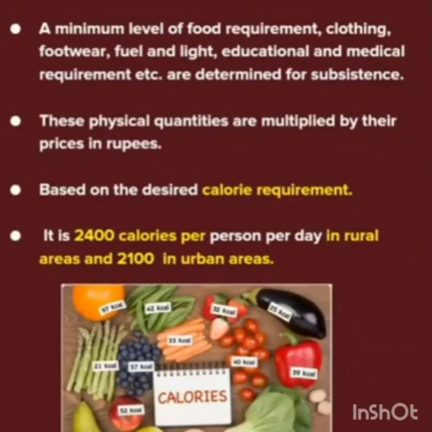2400 calories per person per day in rural areas. But on the other hand, in urban areas, it is 2100 calories per person per day. Since people living in rural areas engage in more physical work, the calorie requirement in rural areas is higher than in urban areas.